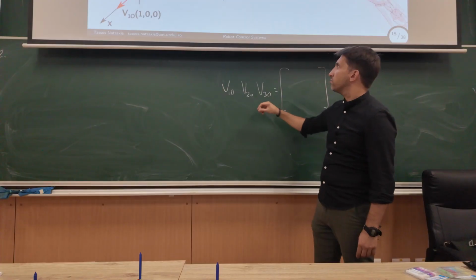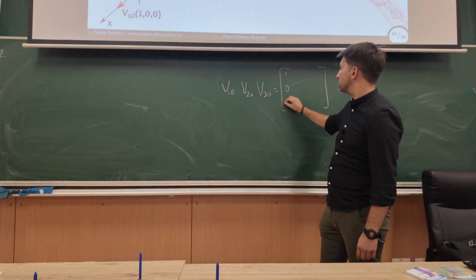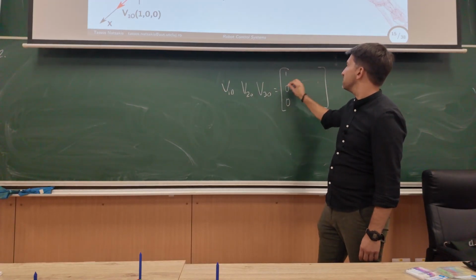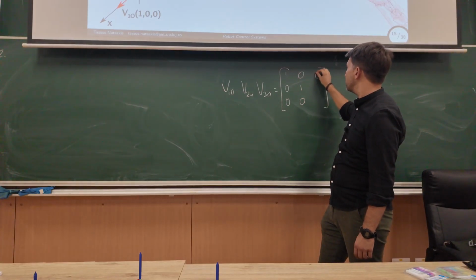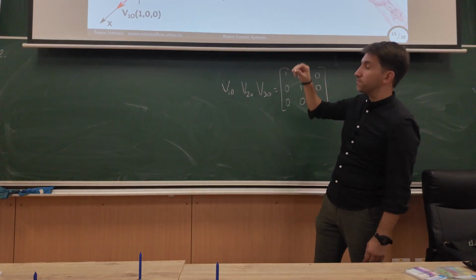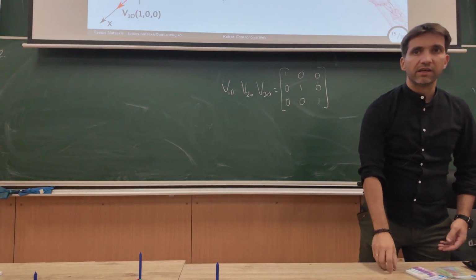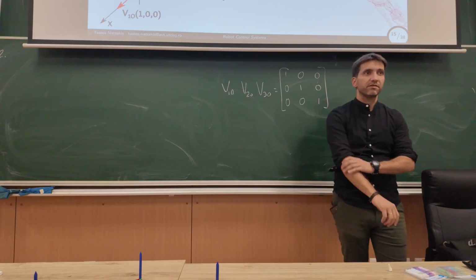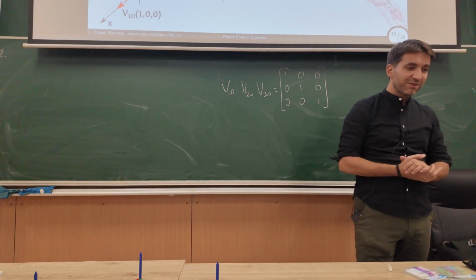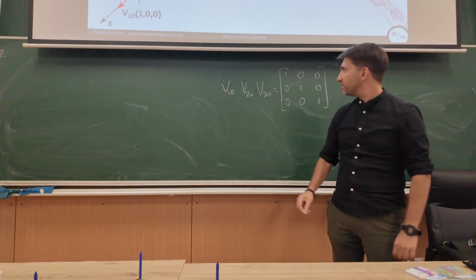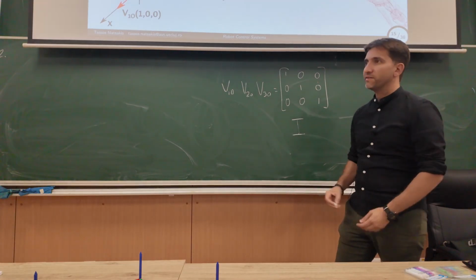Because this one will have 1, 0, 0. This one is 0, 1, 0, and then this one will have 0, 0, 1, right? So when you say I, you mean, I guess, the identity matrix. It's called I in programming, but in mathematics it is the identity. I because it's I.